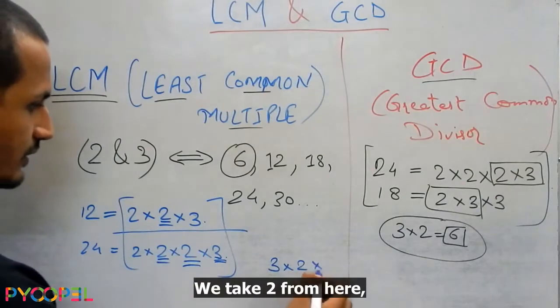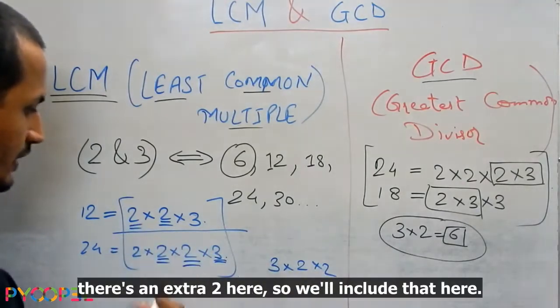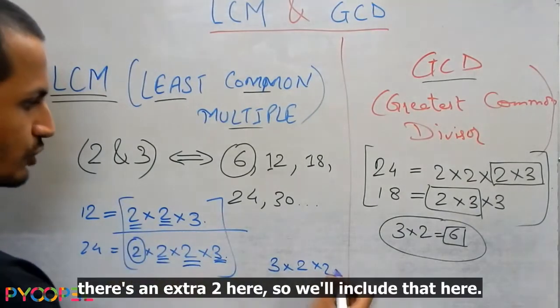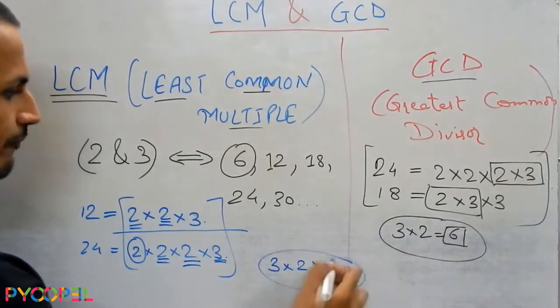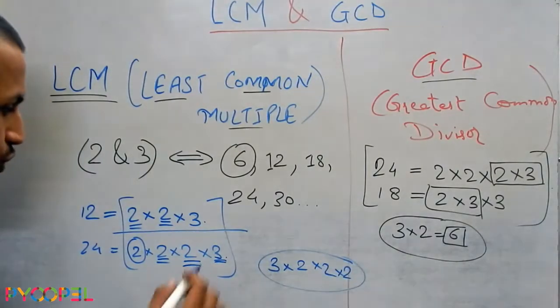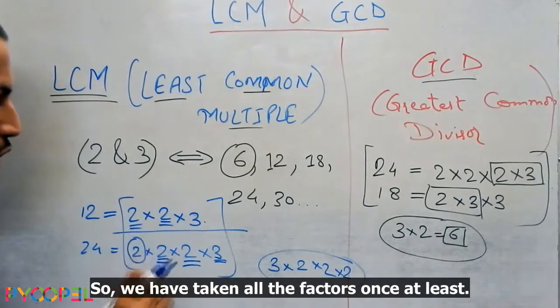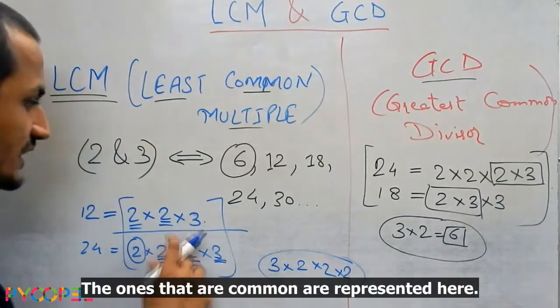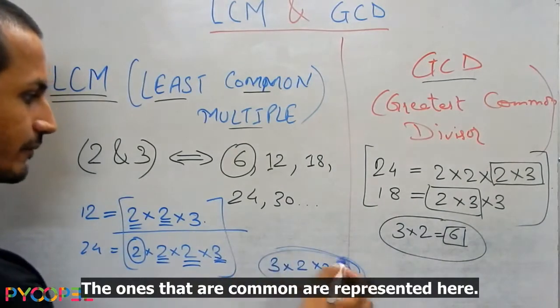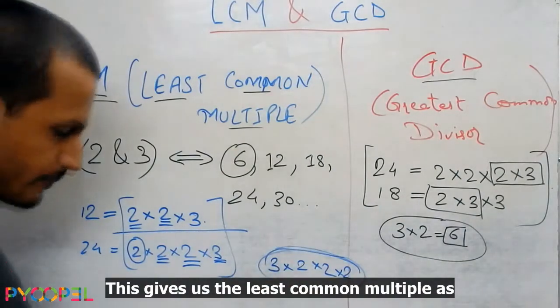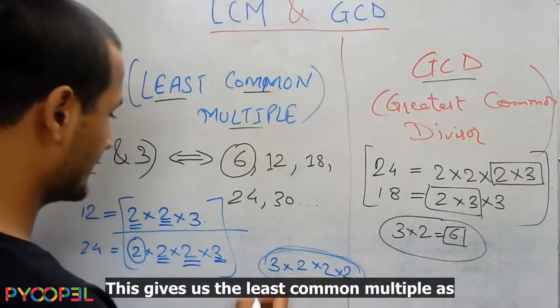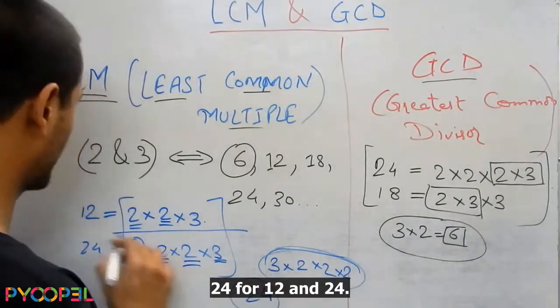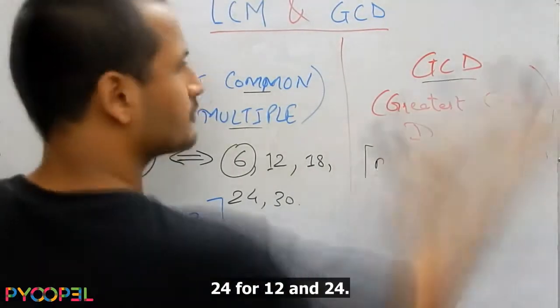We take 2 from here. There is an extra 2 here, so we'll include that here. Okay. So we have taken all the factors once at least. The ones that are common are represented here. Okay. This gives us the least common multiple as 24 for 12 and 24.